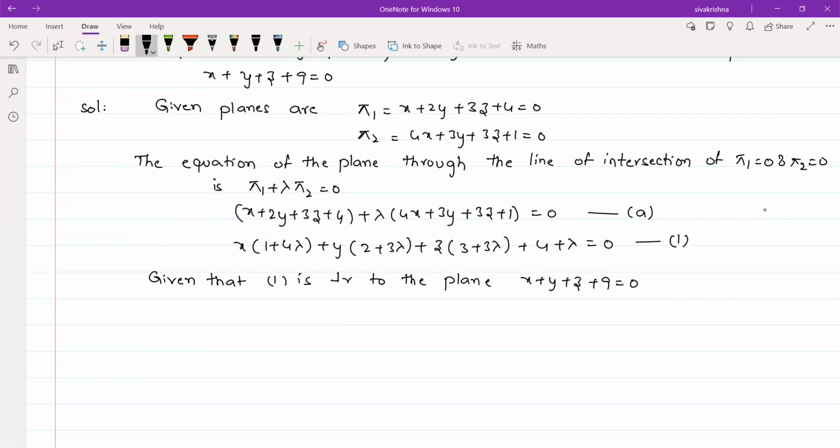So I am writing the condition a1 a2 plus b1 b2 plus c1 c2 is equal to 0.